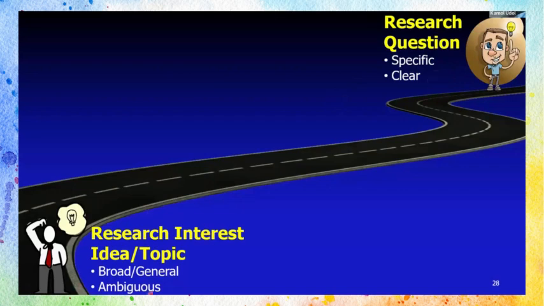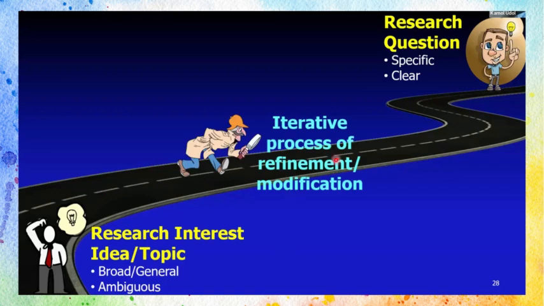So from this initial point, your interest, until you develop your research question, you have to go through this long way. And what does this long way encompass? It encompasses many activities, the process of refinement and modification of your research.